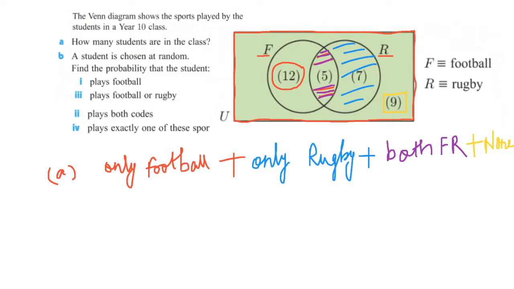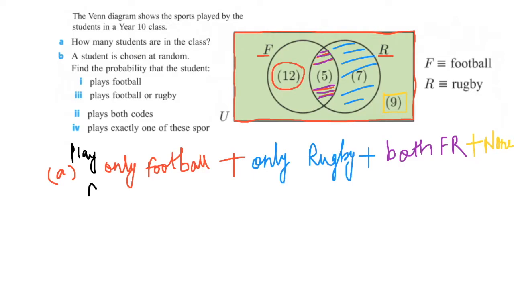Let's solve it further. So students who play only football, students who play only rugby, and students who play both football and rugby, this common region here, plus those students who play none of the sports.